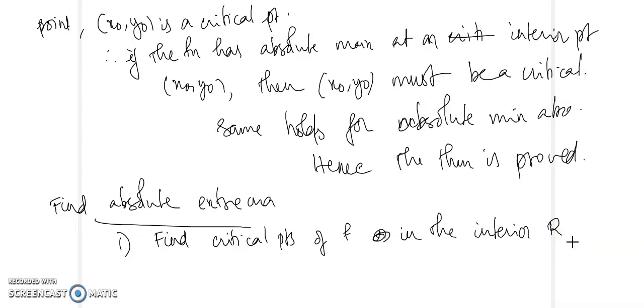Then you will get critical points, and using the second partial derivative test you can find whether each is a relative maximum or minimum. So that is how you find the critical points in the interior and evaluate whether they are maximum or minimum.